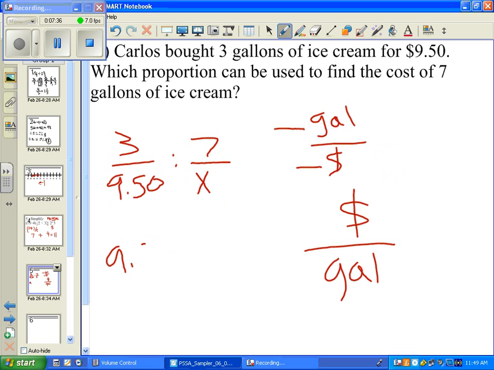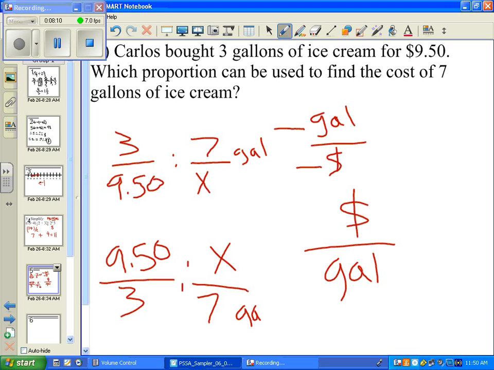That would be $9.50 is to 3 as our money, which we don't know, is to 7. So we have our gallons on the bottom here, and these are gallons on the top here, and these are gallons on the bottom here.